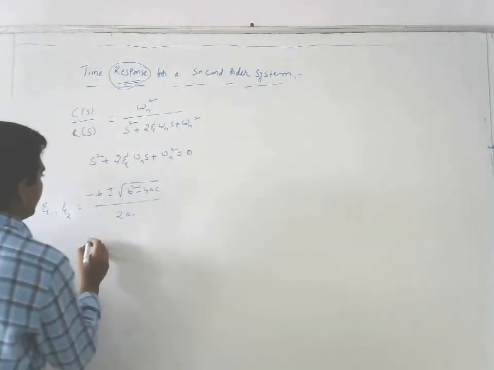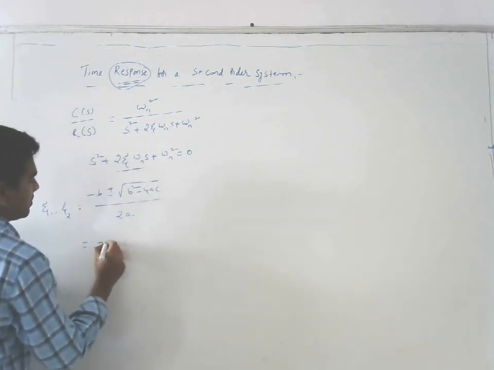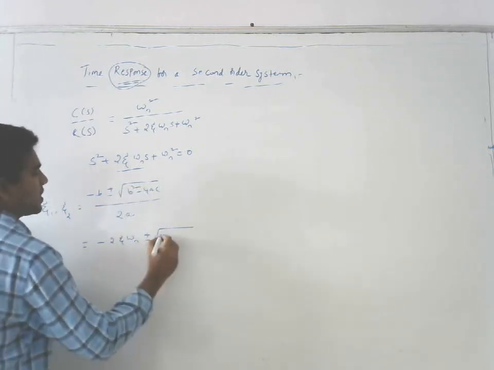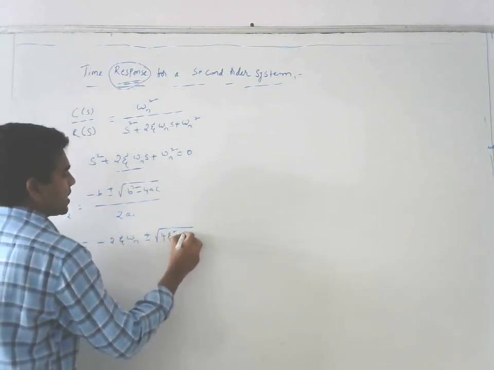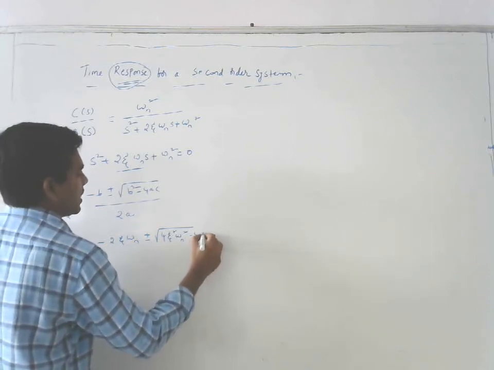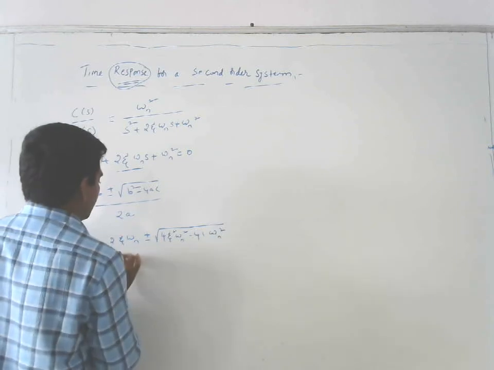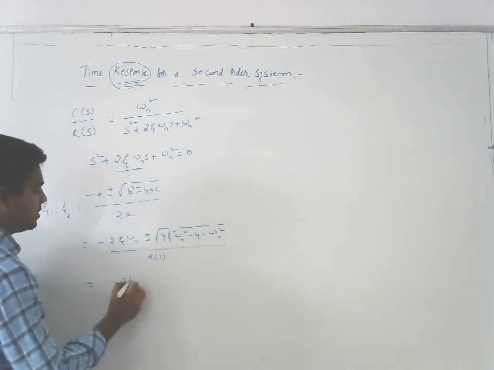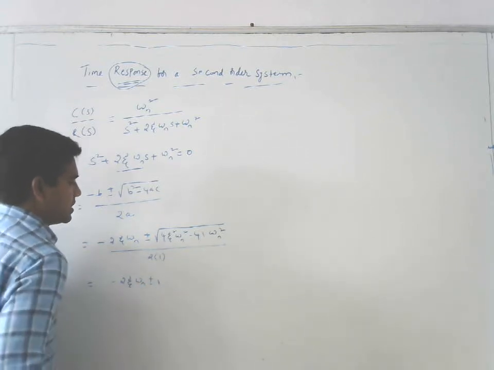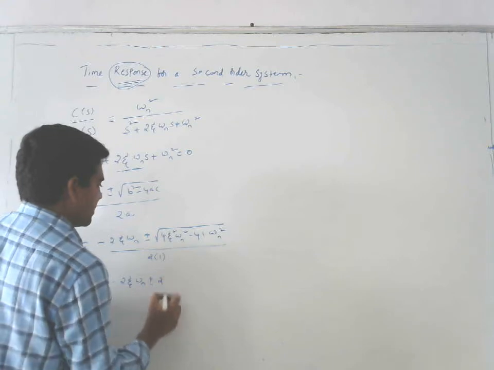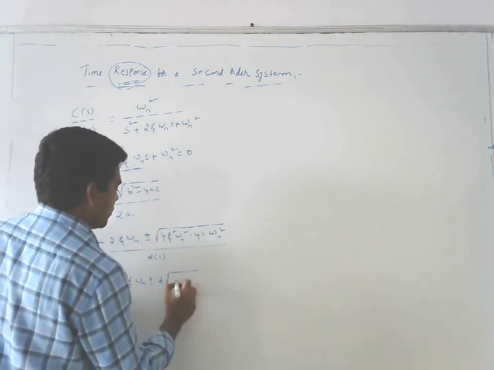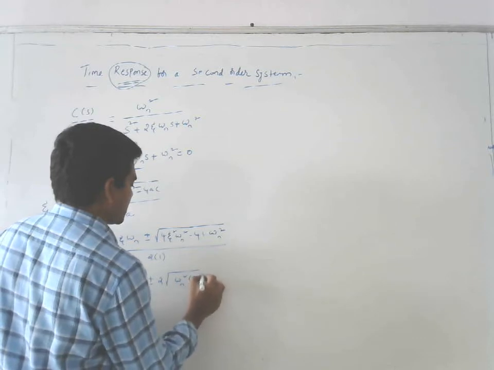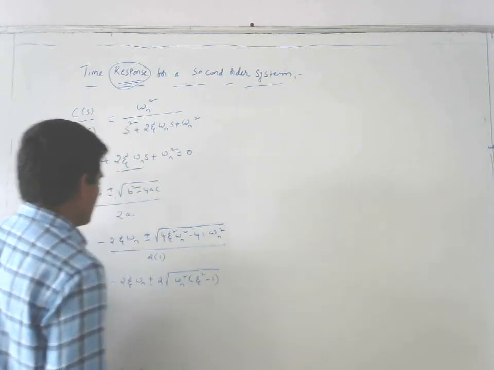Now, how it will vary: in the place of minus b, we have minus 2 zeta omega n, plus or minus square root of b square. b square means 4 zeta square omega n square, minus 4 a c, where a is 1 and c is omega n square, whole divided by 2a. Now, simplifying, we get minus 2 zeta omega n plus or minus; taking 4 common and omega n square common, we have zeta square minus 1, by 2.